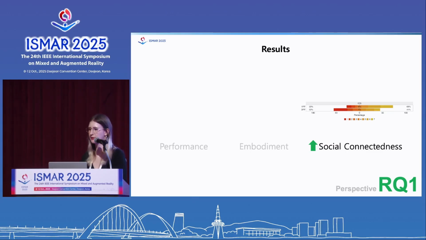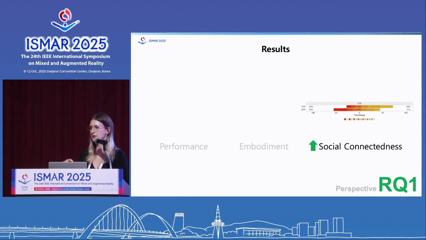So we used the IOS scale, if you're familiar with that. It's the one with the circles. Either the circles are far apart or very close together, intertwined. So it's about the feeling towards the other person. But probably, there's also related work that shows that if you see, for example, a VR view of another person from their perspective, you also have more empathy towards this person and so on.